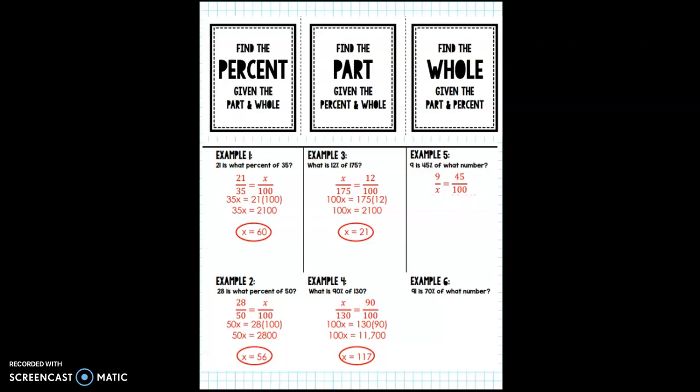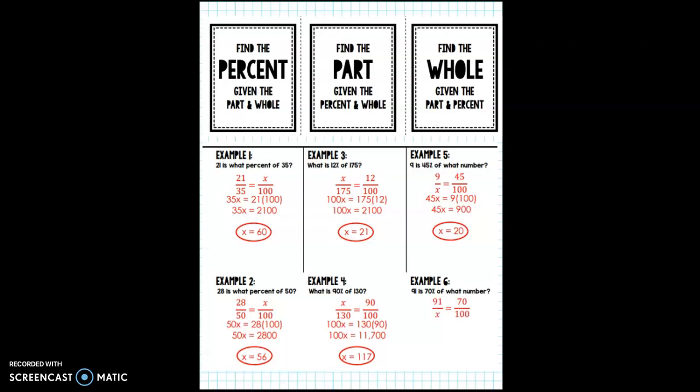Multiply across, 45 times x, 9 times 100, and then you're going to divide the 900 by 45. This will give you 20. 9 is 45% of 20.